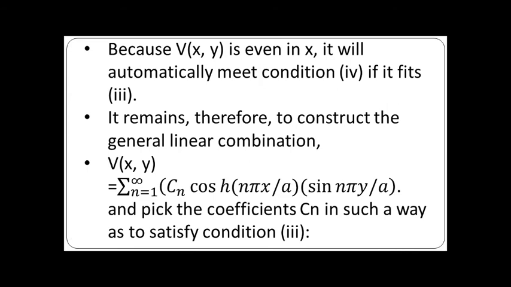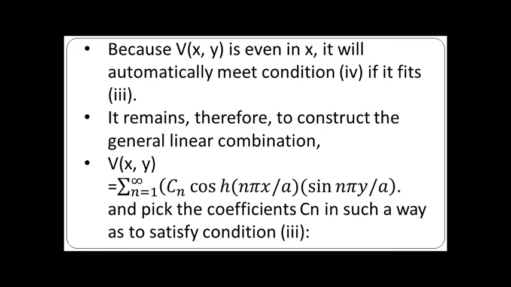But because V(x,y) is even in x, it will automatically meet the boundary condition 4 if it fits the boundary condition 3. Because boundary conditions 3 and 4 are symmetrical about x is equal to plus b and x is equal to minus b, the potential is the same. So if it can fit the boundary condition 3, it can fit the boundary condition 4 also.